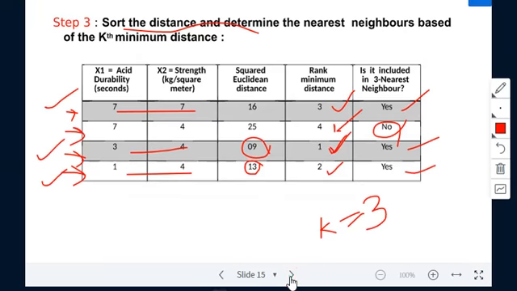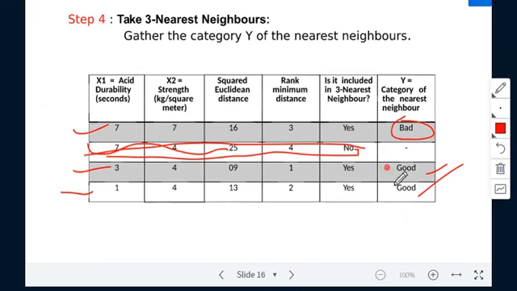So we have taken the labels. That's all. Now the next question: to which class does the test data 3, 7 belong? Can anyone say which class? Can anyone text me?